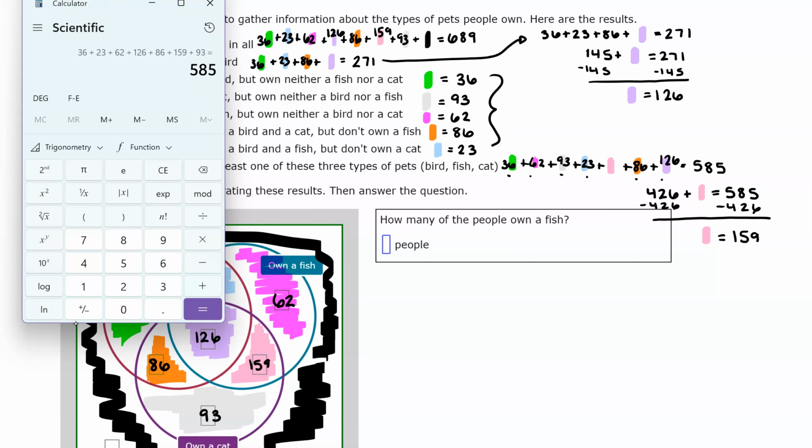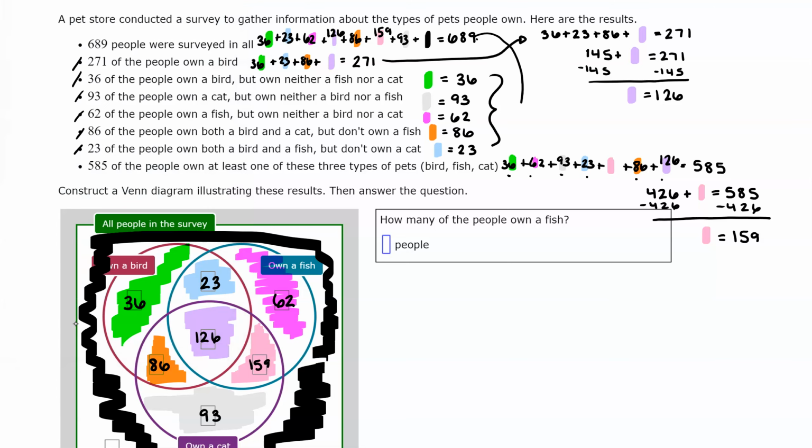How did I know it was going to be 585? Well, look at that last equation. It had all of the colors except black. And it said everything except black was 585. So in my top equation here, it's going to become 585 plus black has to equal, not 271, sorry, 689.